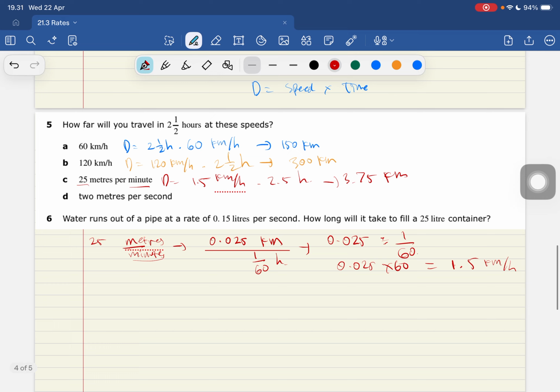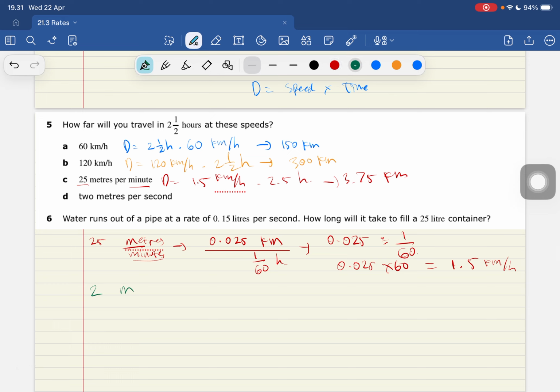And then look at it, we got 2 meters per second. So we need to make it into hours. So 2 meter per second. So 2 is gonna be 0.002 kilometer. We'll divide by 1 over 3600 hour.